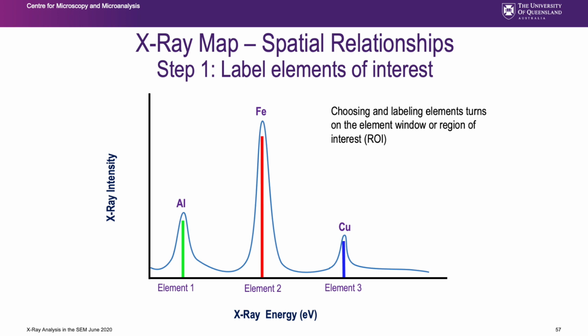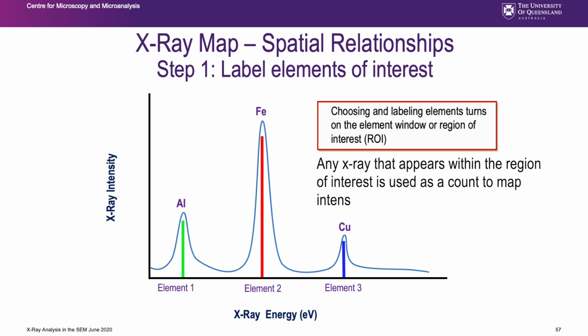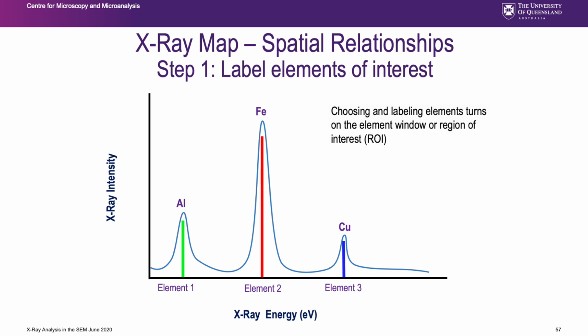What you can do in X-ray mapping is label your specimen with the major peaks of interest, and that sets up a window, or an ROI, a region of interest, which you can adjust the width of. But basically, any X-ray that appears within that window is used as a count to map intensity, just like you would use the secondary electron detector to give you an intensity of the secondary signal back.